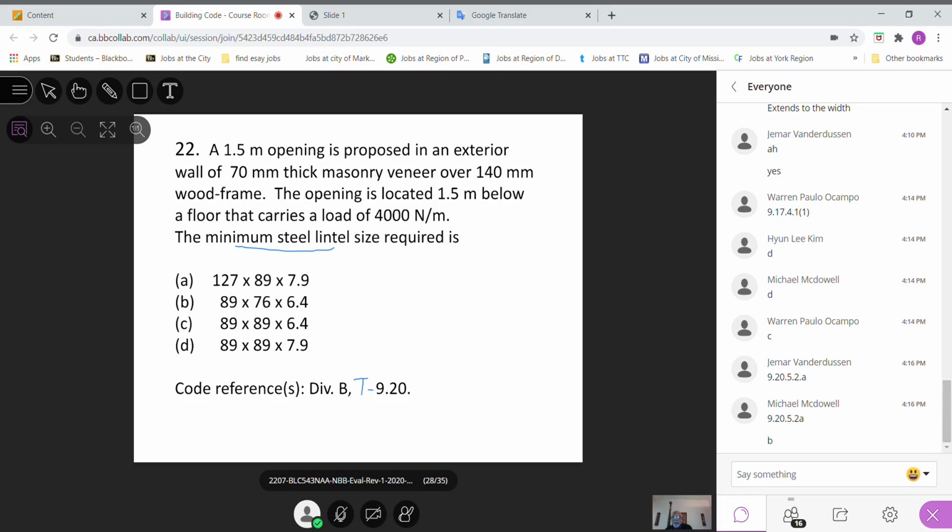Where do we find lintels? Which table? A, B, C. And look for the buzzwords. Question.